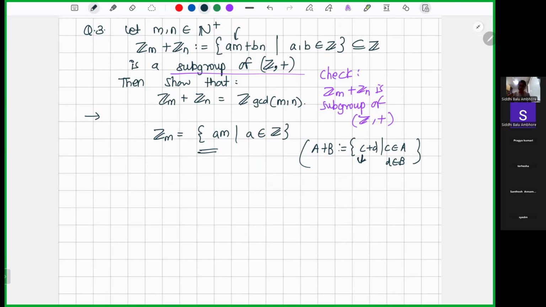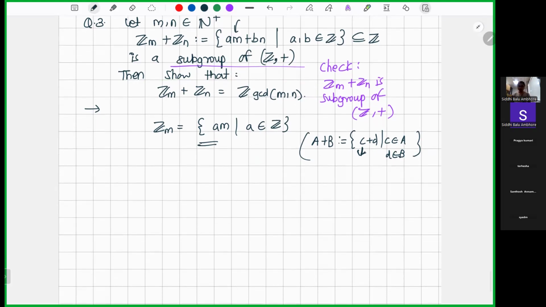But yes, we need to show that this Zm plus Zn is actually equal to Z GCD of m, n. So how to show this? Let me write again.